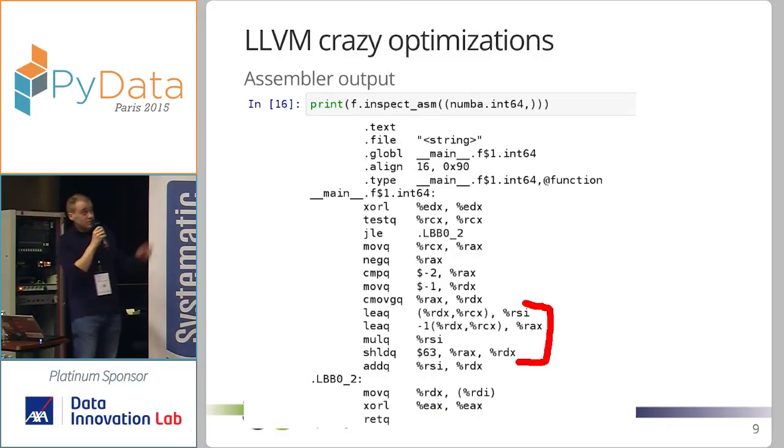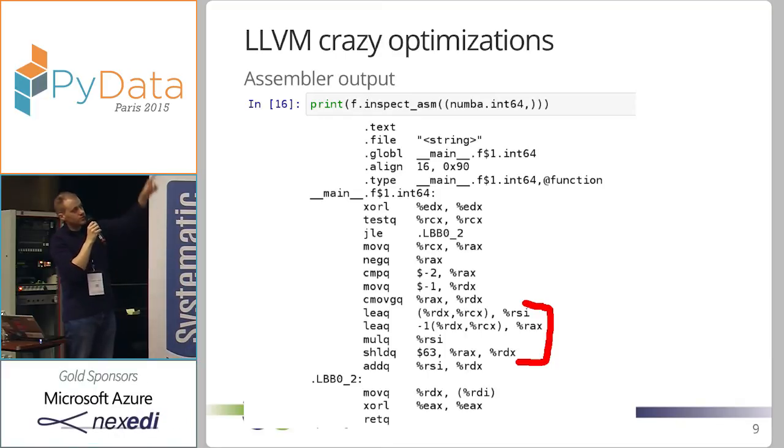When you look at the assembler output, which Numba allows you to do, you see the 4 assembler instructions, which are circled in red. They are just the expression of the mathematical formula, n times n minus 1 over 2.